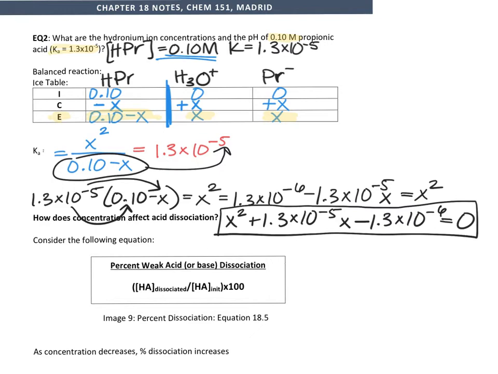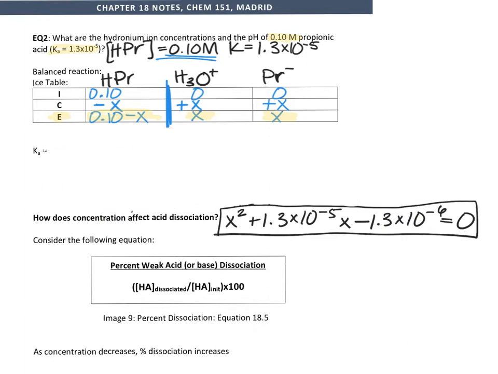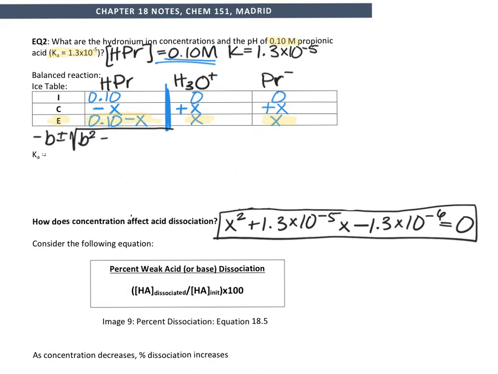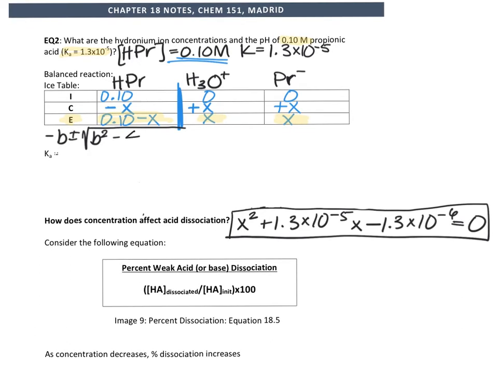I'm going to clear some space off for me here. Maybe you want to use a scratch piece of paper so you have more space available to you, and let's solve for x values. All right, so let's first set up what the quadratic formula is. We know that to be negative b plus or minus the square root of b squared minus 4ac all over 2a.